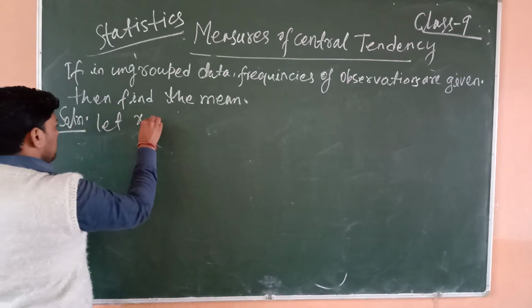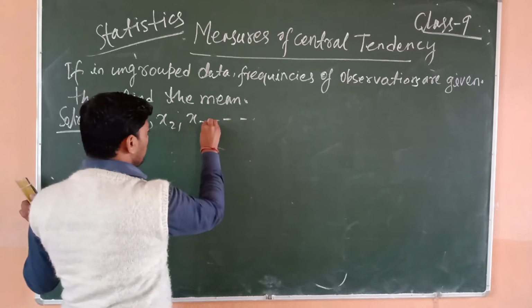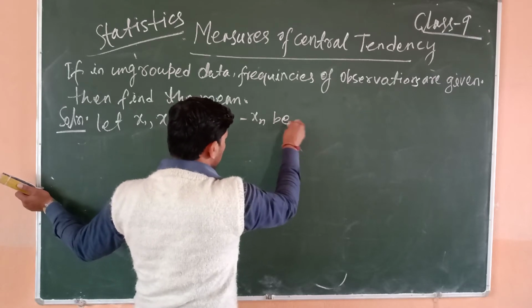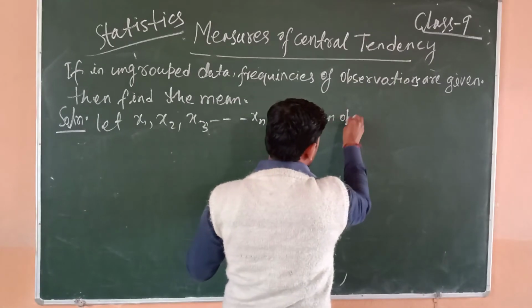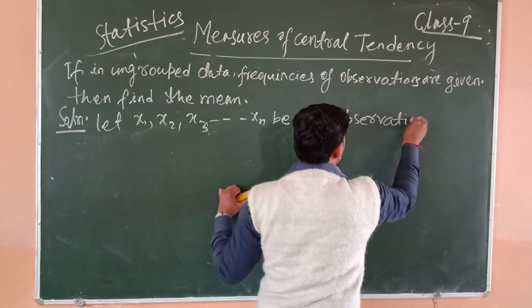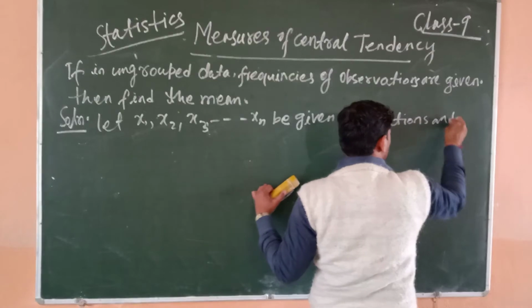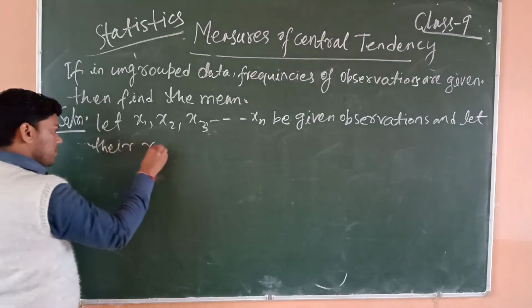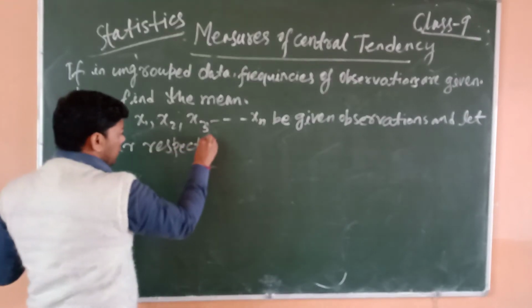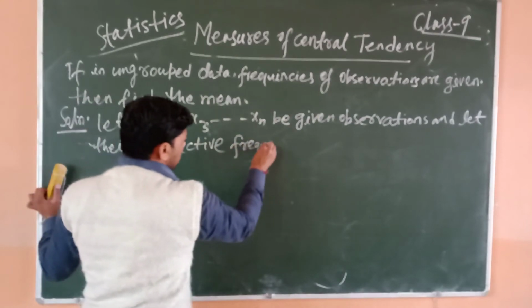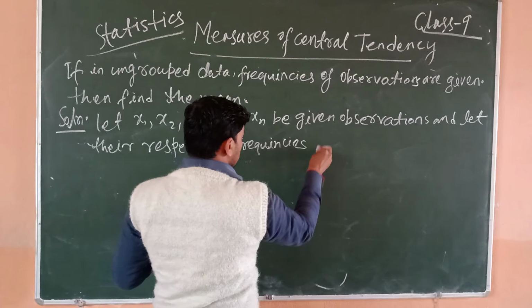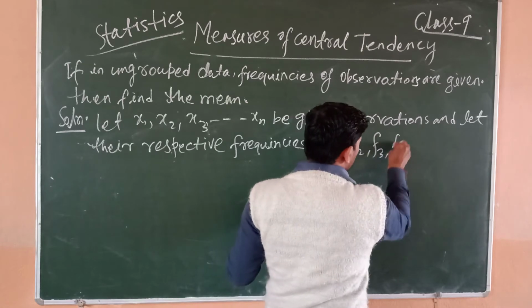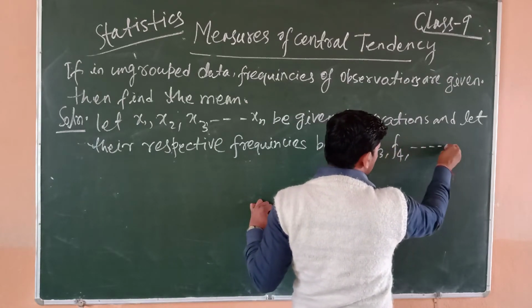Let x1, x2, x3 dot dot to xn be given observations, and let their respective frequencies be f1, f2, f3, f4 dot dot to fn.